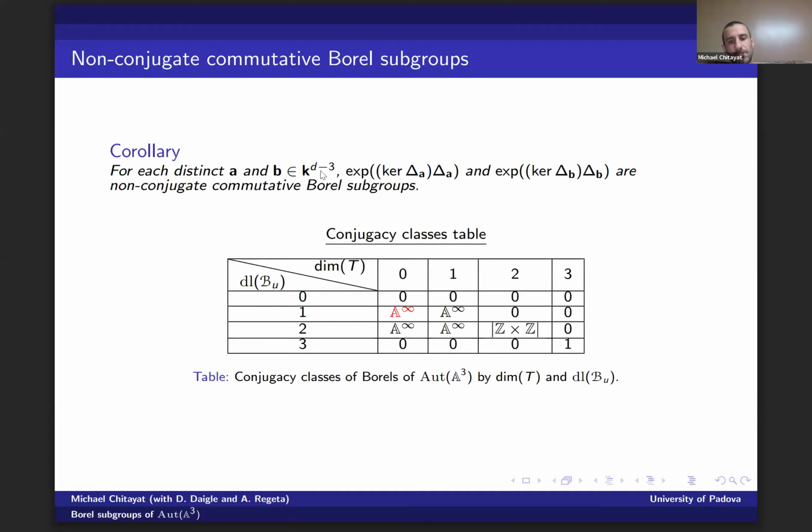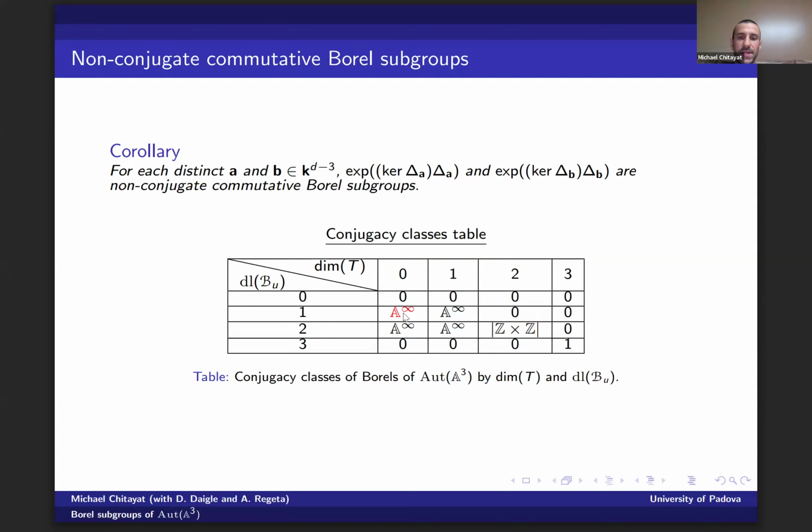So basically, the way I write that is that you can parameterize the conjugacy classes of Borel subgroups of derived length 1, such that the unipotent part has derived length 1, and the torus is zero dimensional by, quote unquote, A infinity.